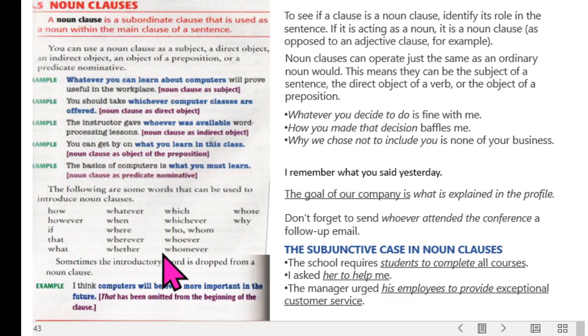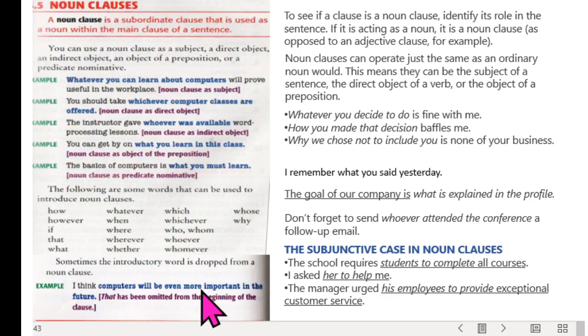One thing I want you to notice is that we can use when and where for adjective clauses also, for noun clauses, okay, and for adverb clauses. But what makes it clear whether they are adverb, adjective, or noun clauses is their function in the sentence in which they appear.